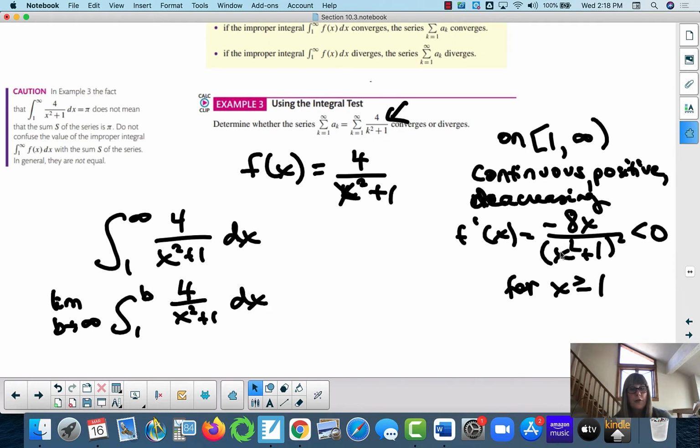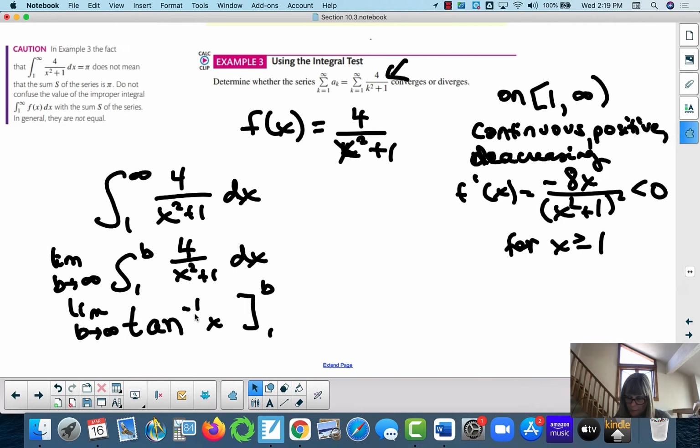And then we integrate like we learned way back in chapter 8. So hopefully you recognize that we have a constant multiple rule here where we could pull out that 4, and this is inverse tangent. So that gives us inverse tangent of x from 1 to b.